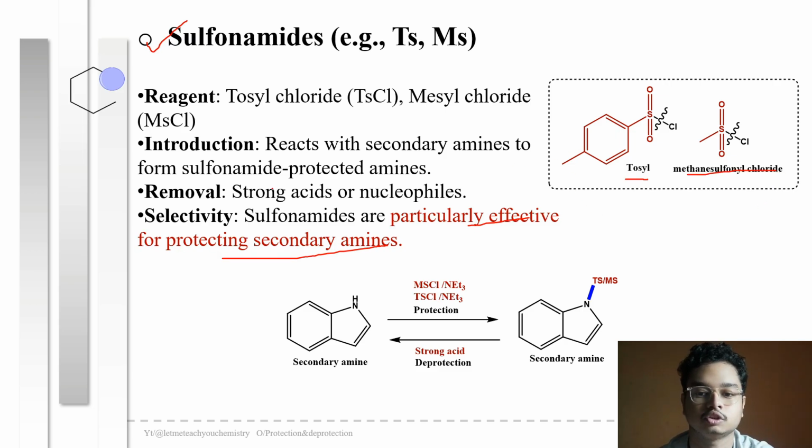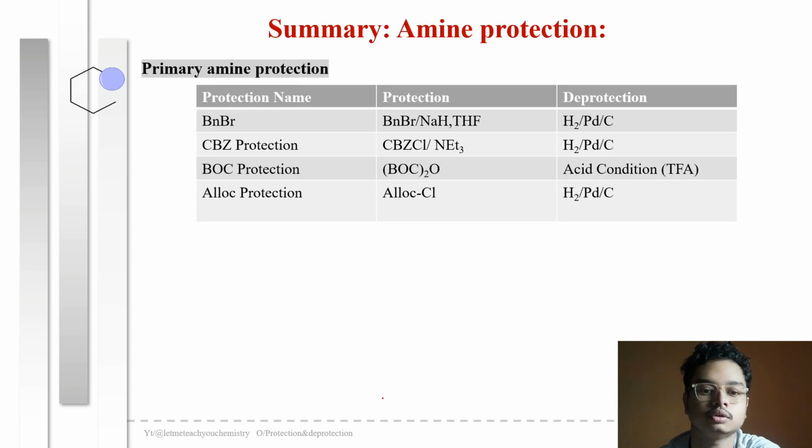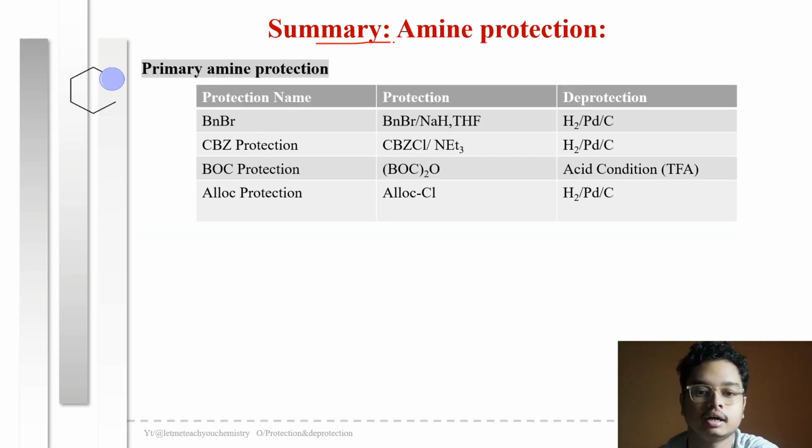The tosyl structure is something like this, whereas the mesyl structure is something like this. It gets protected, and here we also use a base to protect this secondary amine, and strong acids such as trifluoroacetic acid are required to cleave this N-Ts bond to get our deprotected group.